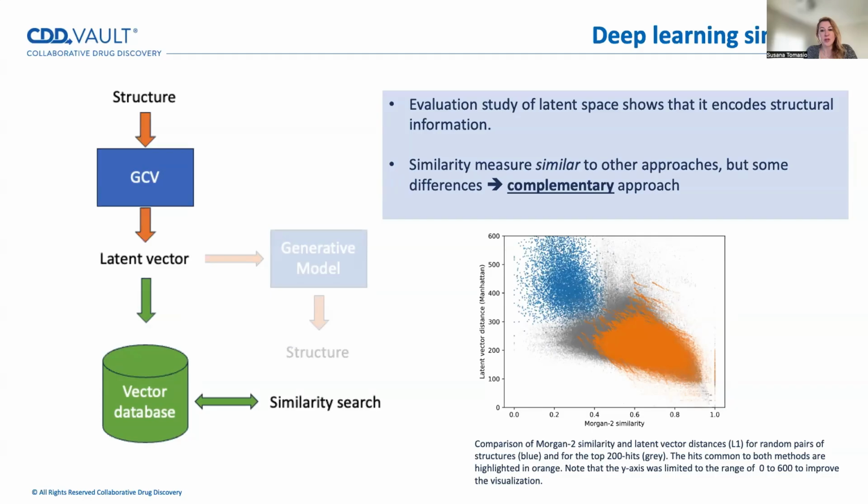In the evaluation studies, it was shown that the latent space of this numerical representation encodes structural information for the molecules very well. It was also possible to show that the similarity in this numerical space is similar to other structural similarity measurements, such as the Morgan 2 fingerprints, for instance. But there are also some differences, and therefore it's a complementary approach.